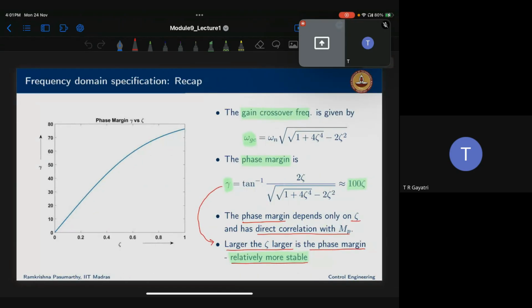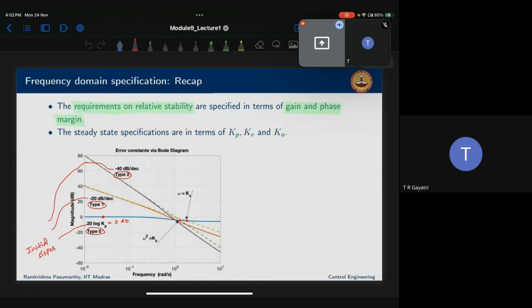So the gain crossover frequency. In general, the gain crossover frequency is this way. When you substitute here, you'll get your gamma. Generally, the larger the gamma, the larger the phase margin, so it is relatively more stable.